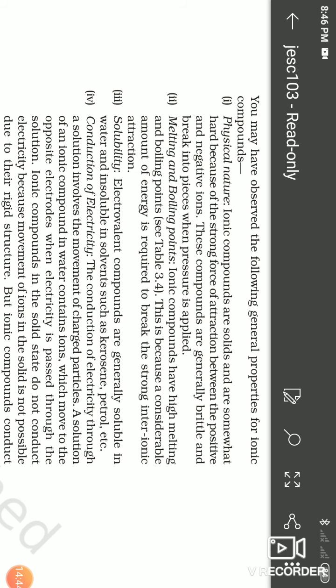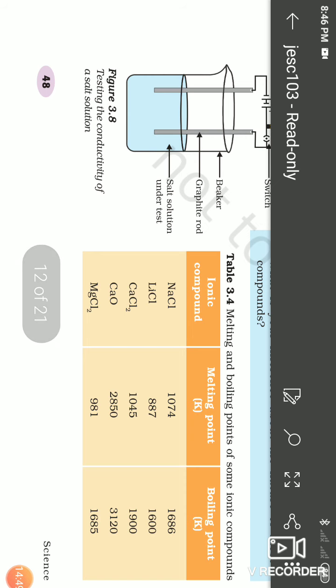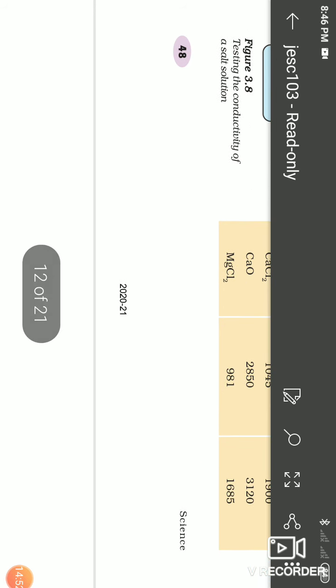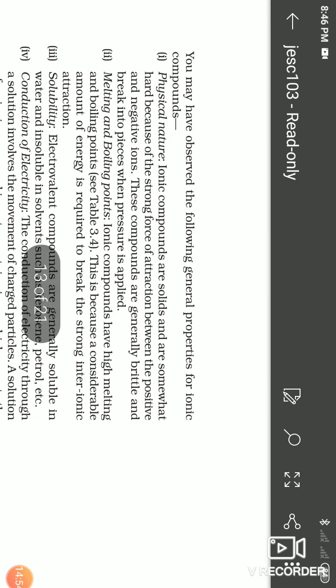Firstly, ionic compound. The compound formed from cation and anion is called an ionic compound, or the electrostatic force of attraction between cation and anion is called an ionic bond.